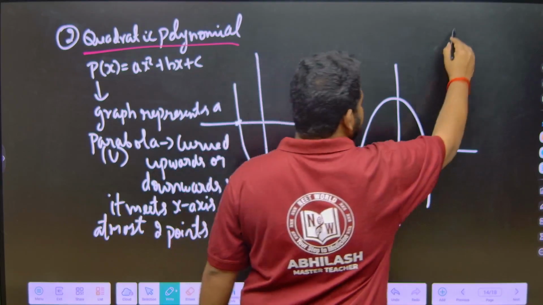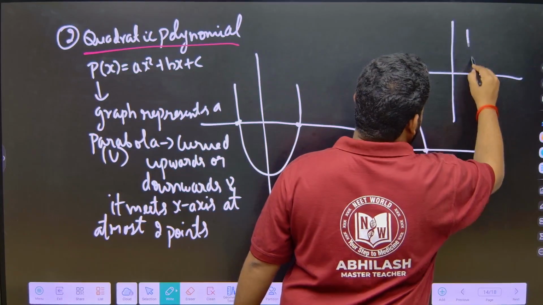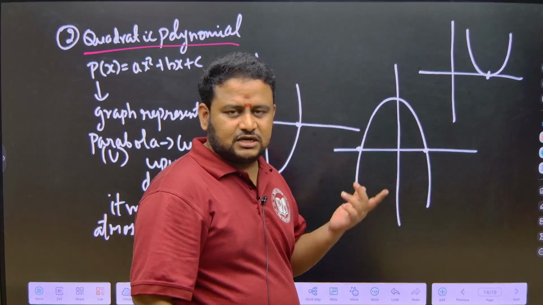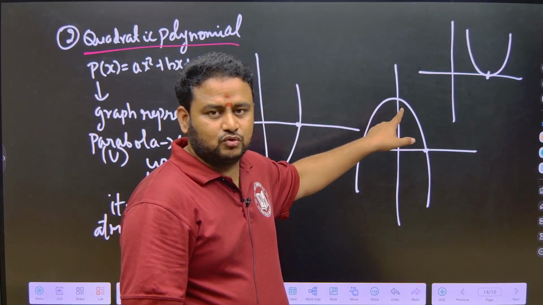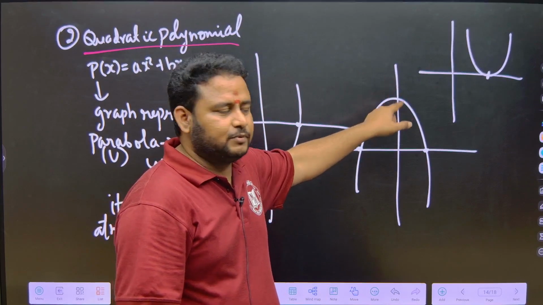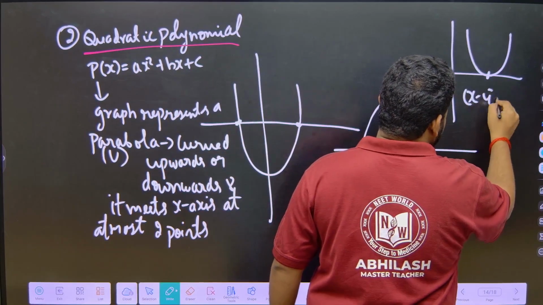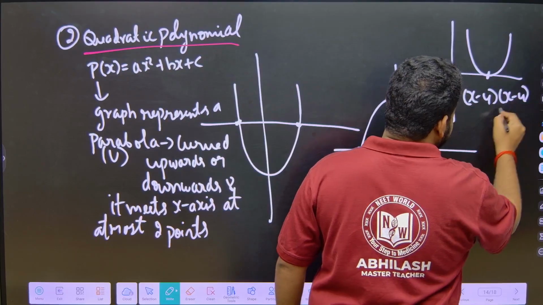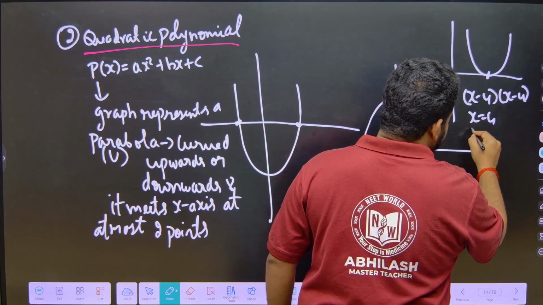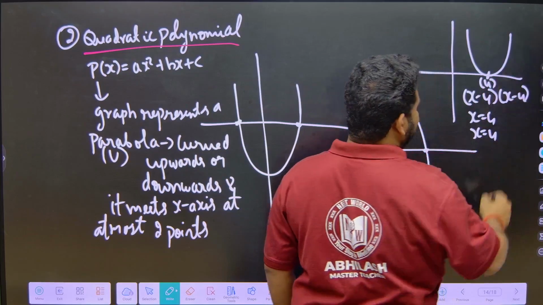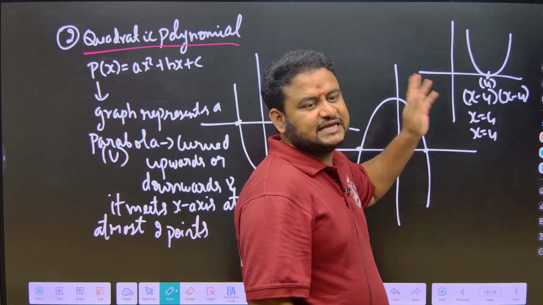So sometimes you can get it like this also. Here, does it mean that the zeros are only 1? No, here the zeros are 2, but it is meeting at exactly 1 point, because sometimes you get zeros equal. Suppose I have x minus 4 into x minus 4, here the zeros are x equal to 4 and x equal to 4. So here 4 is a zero of the polynomial, but there are 2 zeros which are equal.